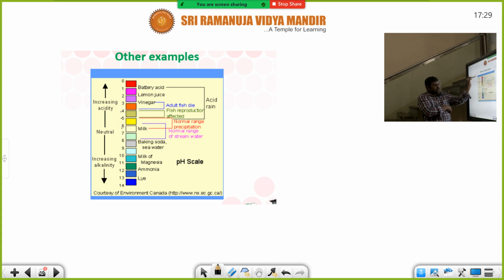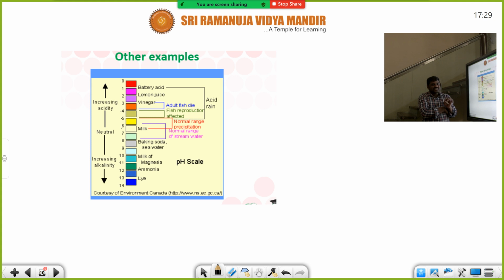That is the low pH value, more acidic, because pH is the negative logarithm of H plus concentration.